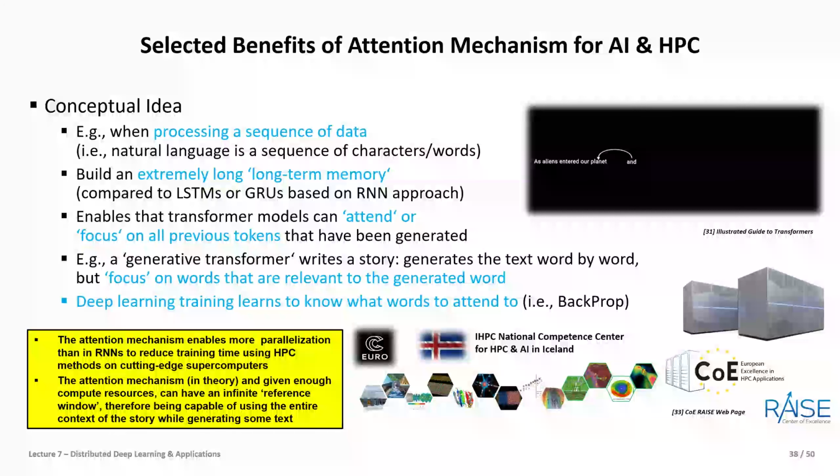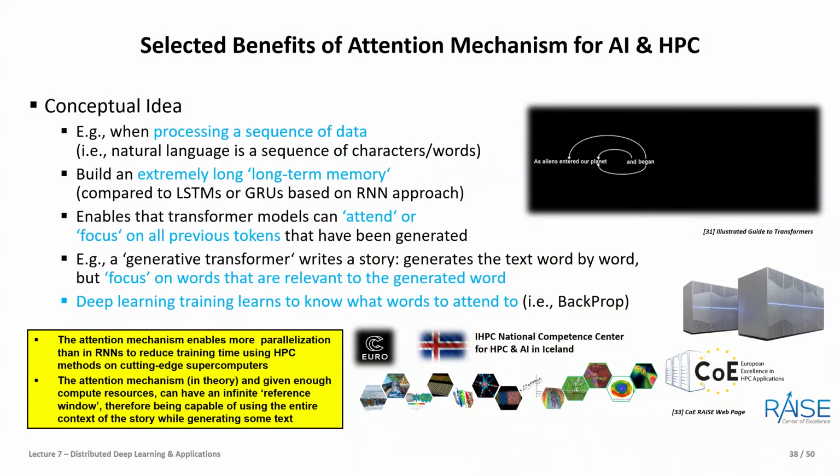The conceptual idea of course stays the same, right? We have a sequence of data that you see here on the top, on the right, which is nothing else than our characters, our sentences, and so on that we built according to the language at hand. And the idea how you do this is usually you tokenize the input, right?